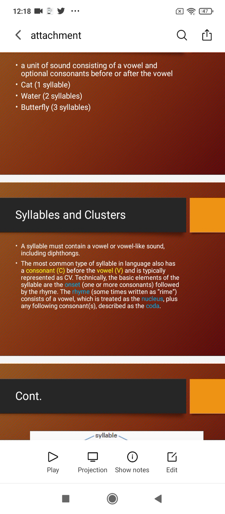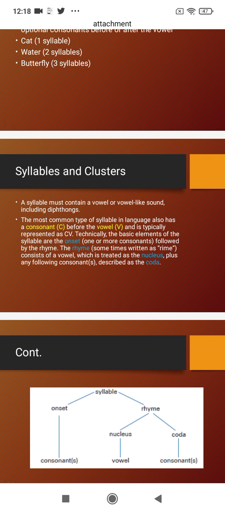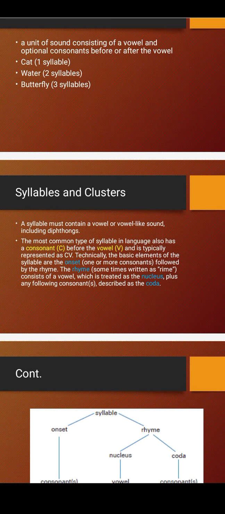When these consonants occur together, they are called consonant clusters, or sometimes blends. A syllable is divided into two parts: one is an onset and the other is a rhyme.